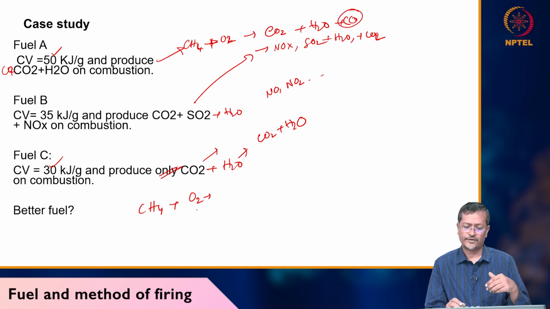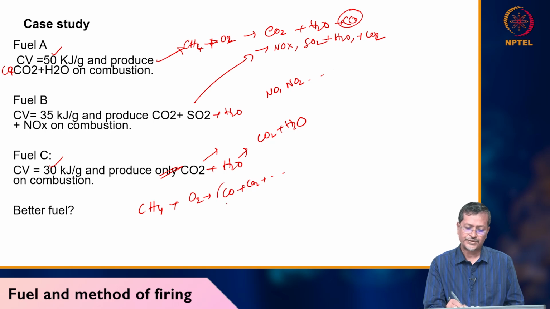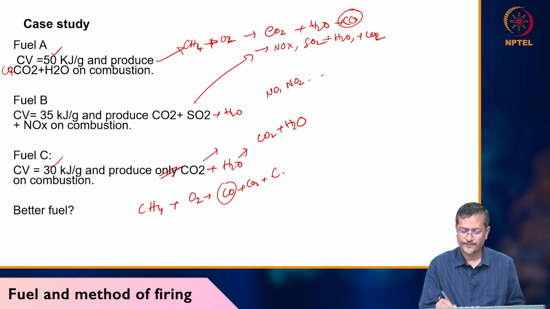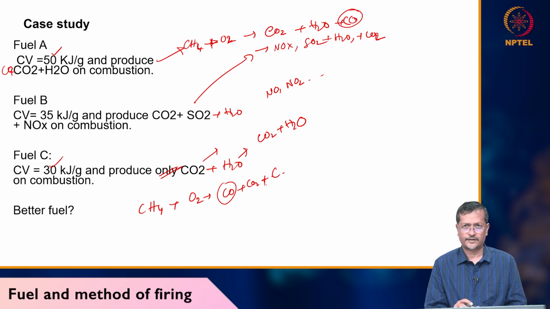But if you have less oxygen and you are producing CO plus CO2 plus other components, CO is harmful, and maybe some carbon particles will also be produced. If you see a chulha or rural people burning wood or something, lots of black smoke will be coming. Black smoke, ash, it will contain lots of carbon particles. So when carbon particles are there, it is possible that it will produce carbon monoxide also. So that is actually harmful.